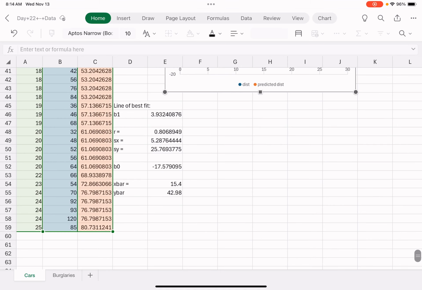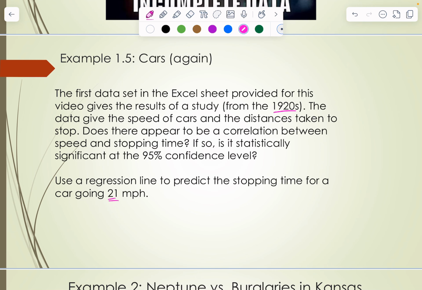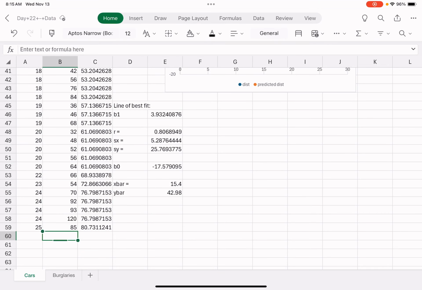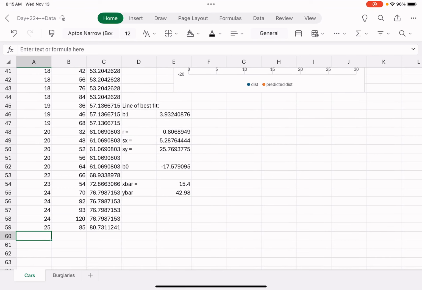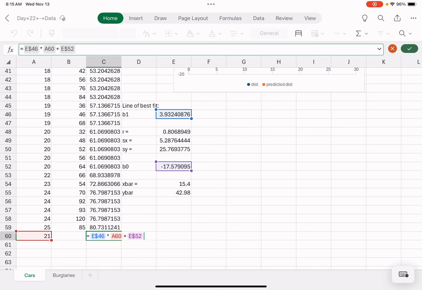Now, the question wants me to predict the stopping distance associated with 21 miles per hour. I'm going to put this point in here, 21. Oops, sorry. Put that right here, 21. And then I'm just going to drag this, or copy, paste that value. Notice what it's doing. It's doing exactly what I need it to.